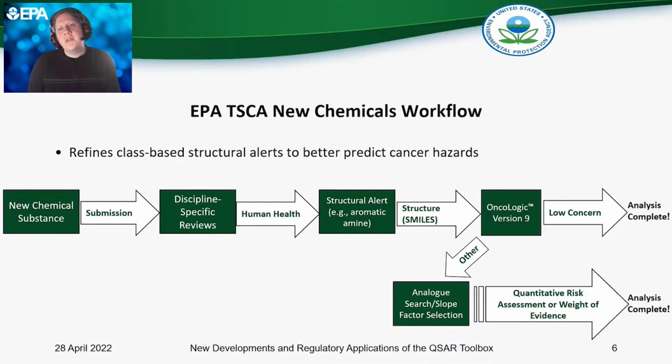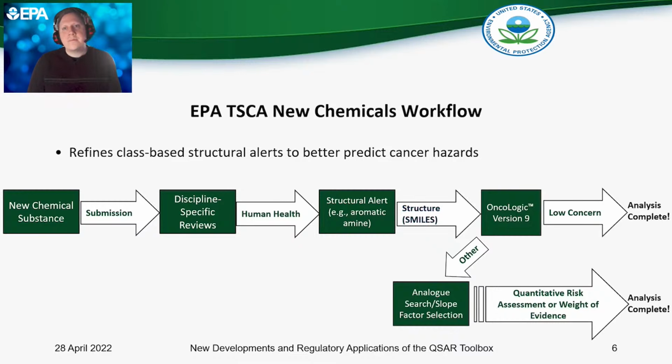So we can enter the structure via SMILES, which is just a text string that represents the structure, and is generated by our chemists here at the EPA, into Oncologic version 9. If you end up with low concern, then the analysis is done.